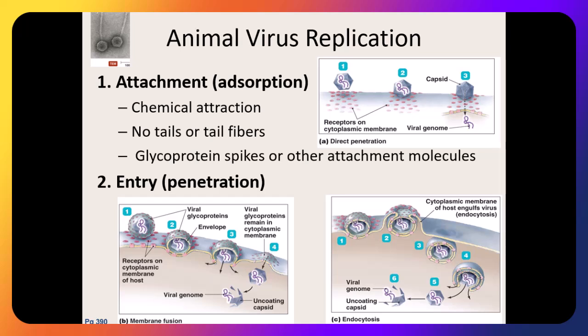The second way the virus can get inside the cell is known as membrane fusion. This can only happen with enveloped viruses. If a virus has an envelope, that's a phospholipid bilayer, and our cells are a phospholipid bilayer. When it recognizes certain receptors and attaches, all of that phospholipid bilayer, all the yellow, kind of melds together.